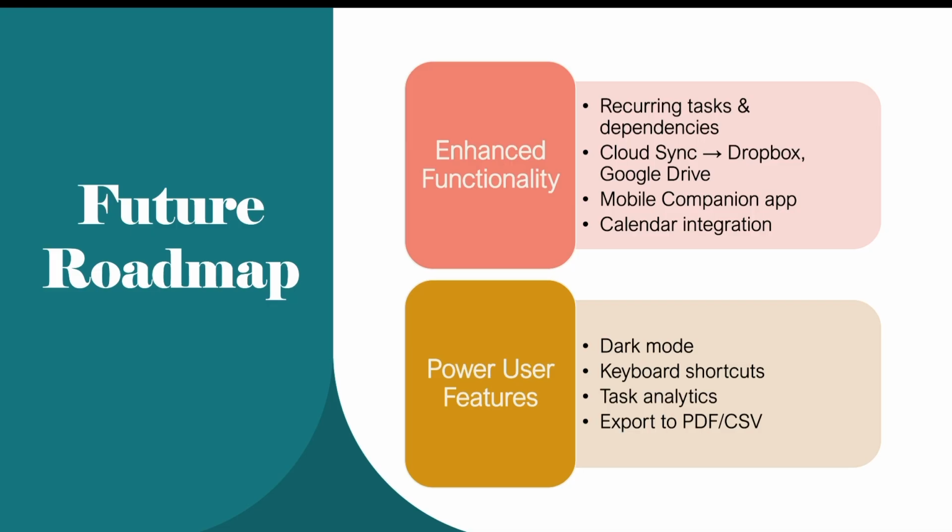We also could add dark mode, keyboard shortcuts, analytics for completion rates, and time tracking, and make it possible to export to a PDF or CSV file. And honestly, the way we've structured the architecture makes this all very doable.